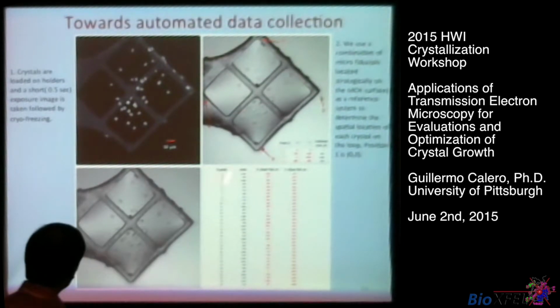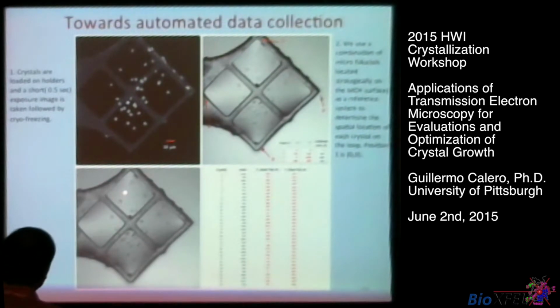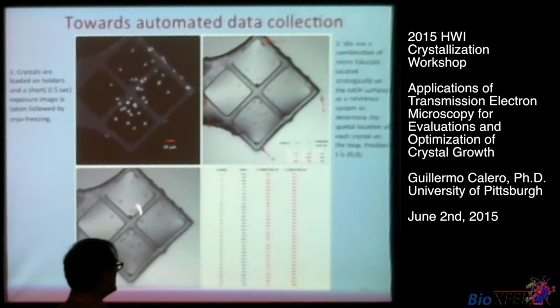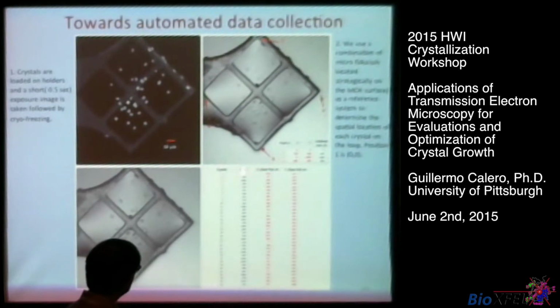And then these are the profiles for each one of the crystals generated with ImageJ. And these basically are each crystal number, the area of the crystal, and then the positions with respect to these fiducials, where fiducial 1 is 0, 0. So each one of these crystals can be positioned with respect to this.